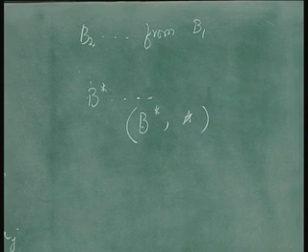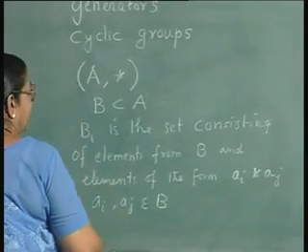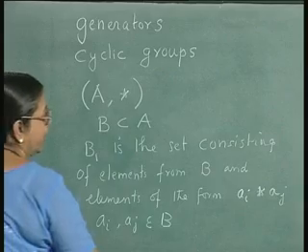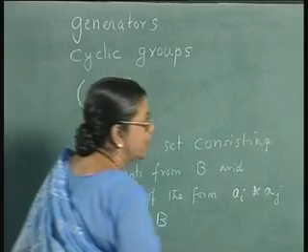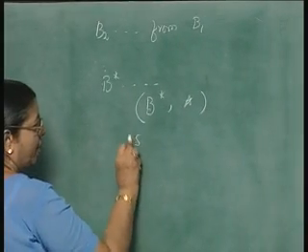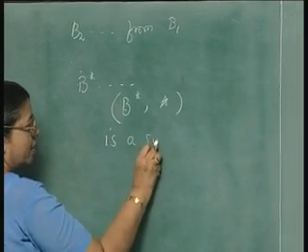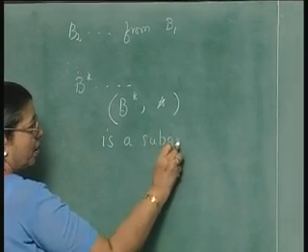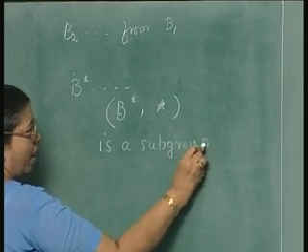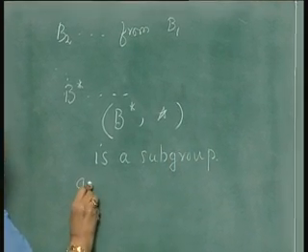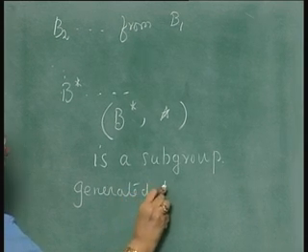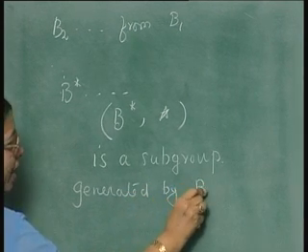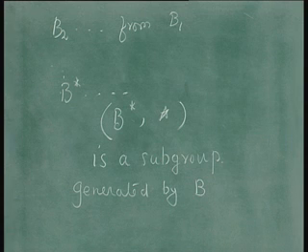Now, you must also consider that B should also contain the identity element, then B star star is a subgroup, and that is generated by B. You say that B contains the identity element of A also.